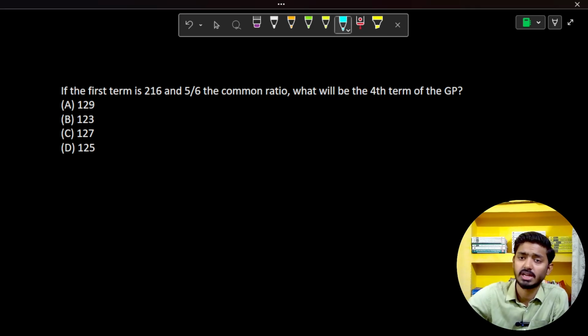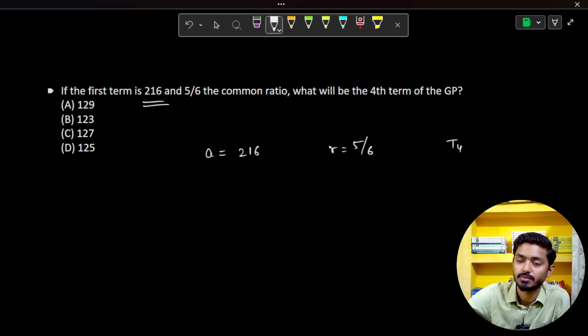Similar question, I'd say. You are given the first term, which is 216. You are given the common ratio as well, which is 5 by 6. You are asked the fourth term, that is T4. You know that the formula for Tn is a r to the power n minus 1.